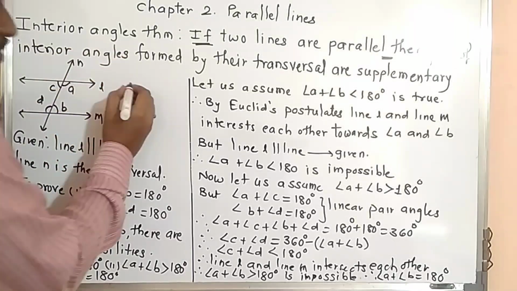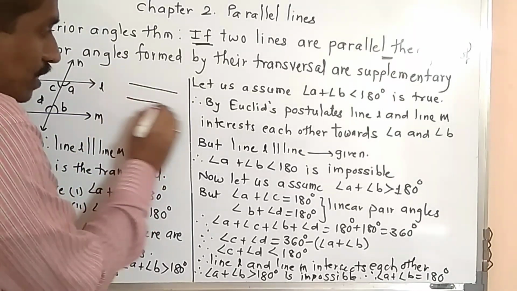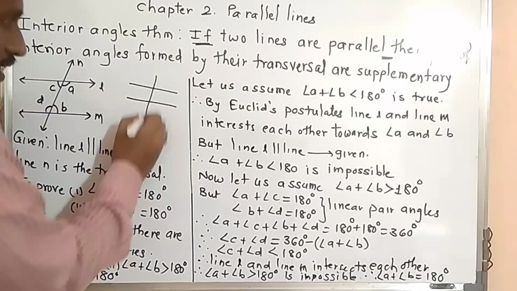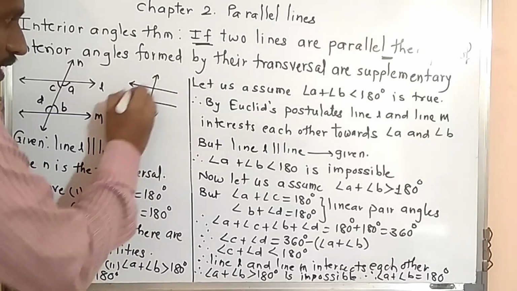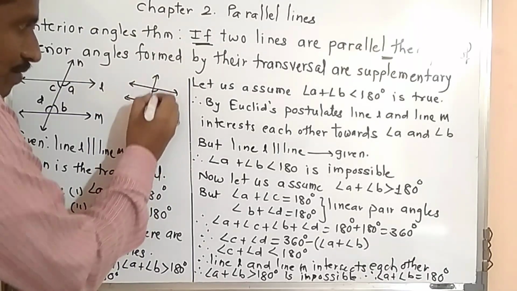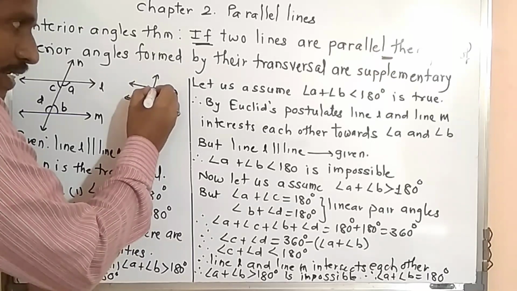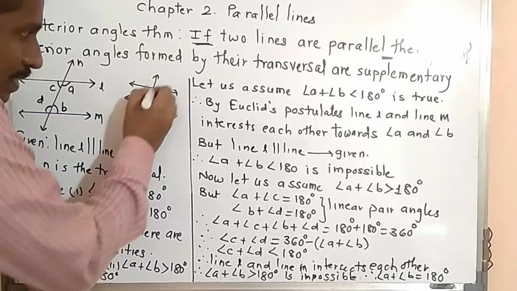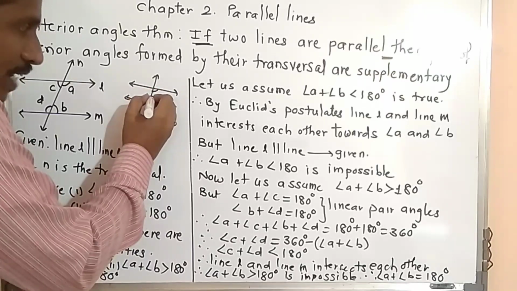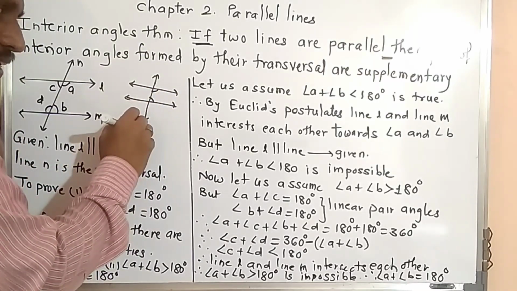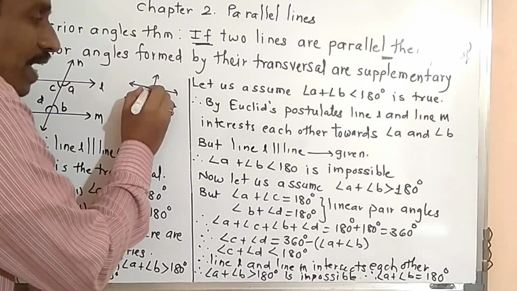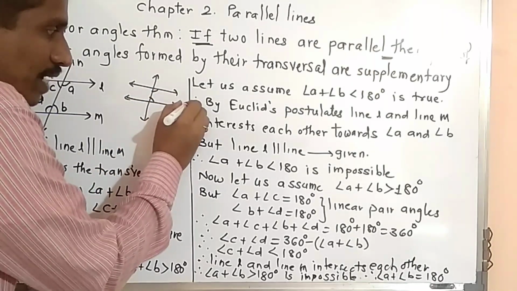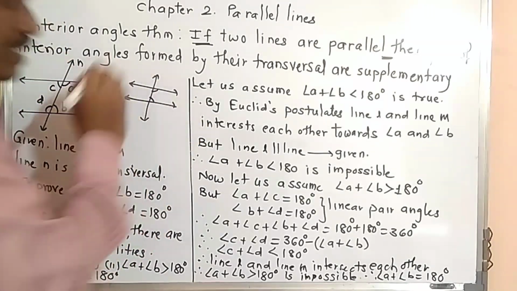Euclid says, suppose these are two lines, this is the transversal, and if the sum of measures of the pair of interior angles is less than 180, then if I extend those lines to that side, they intersect each other.